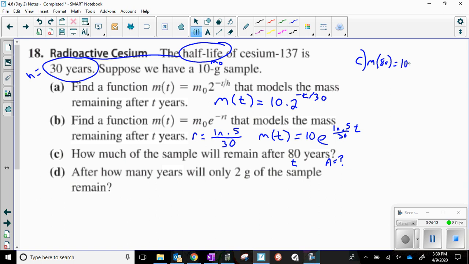is 10 times e to the natural log 0.5 over 30 times 80.